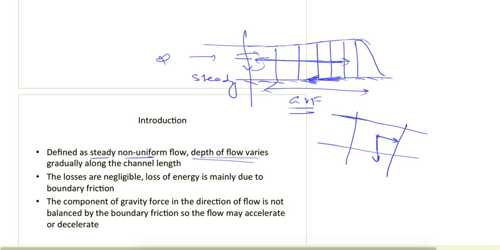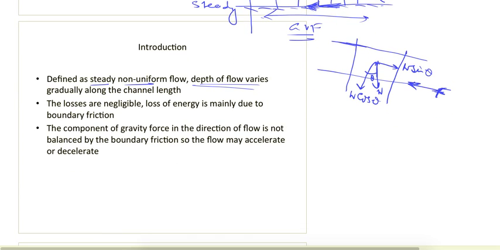Let's say this angle is theta, so this component will be W cos theta, and in the direction of flow it is W sin theta, and because of the boundary friction there is some force F. In uniform flow, this driving force, which is the component of gravity in the direction of flow, and this opposing force both become equal.